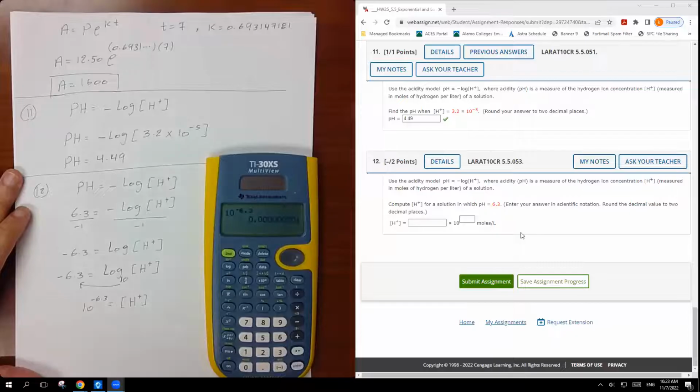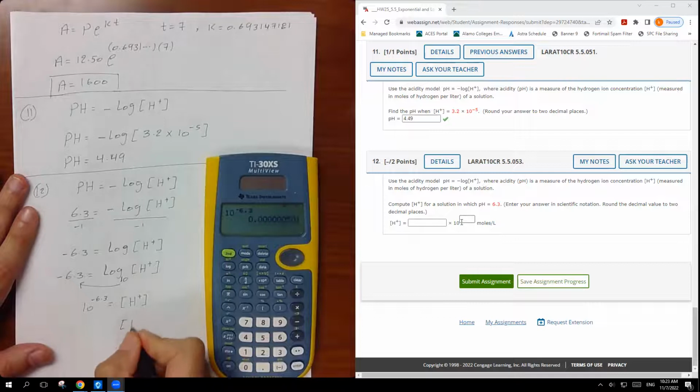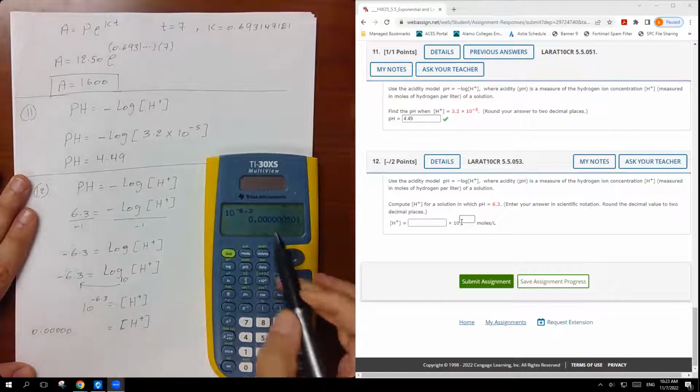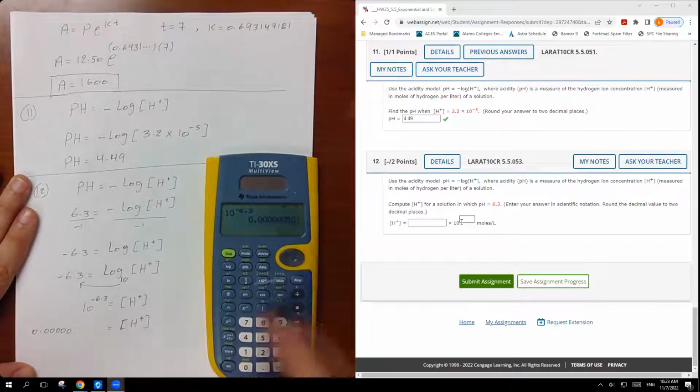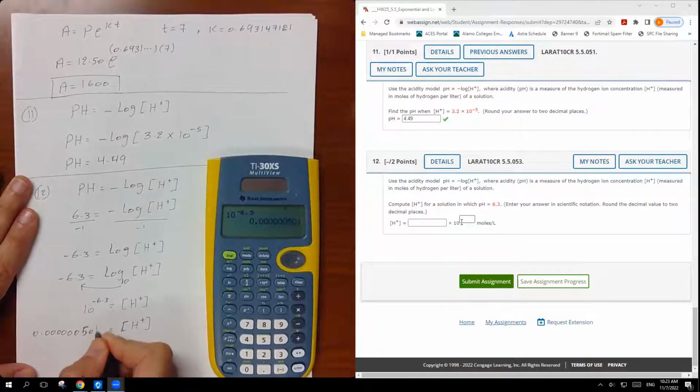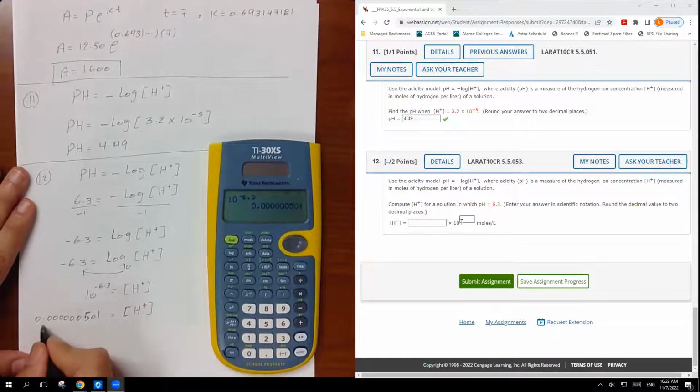Now we need to write it down, because if you check the result, it's supposed to be a number times 10 to a power. So I'm going to move the decimal: 1, 2, 3, 4, 5, 6, 7.